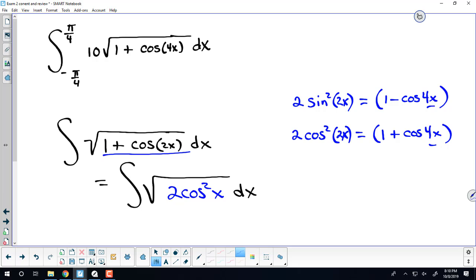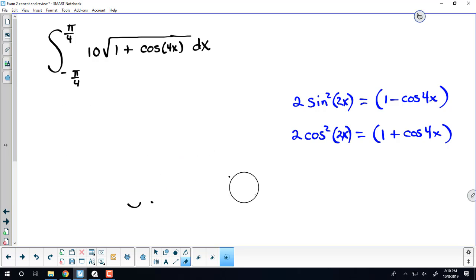So that's really the observation that allows us to compute the antiderivative.